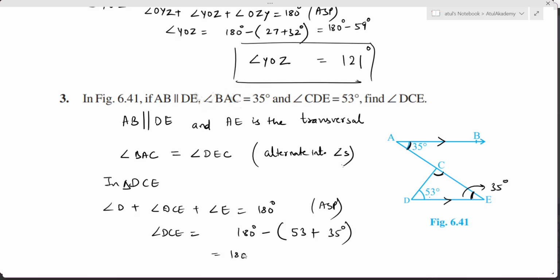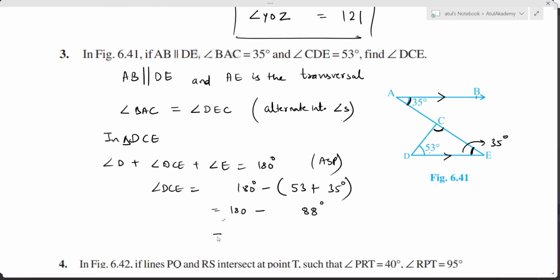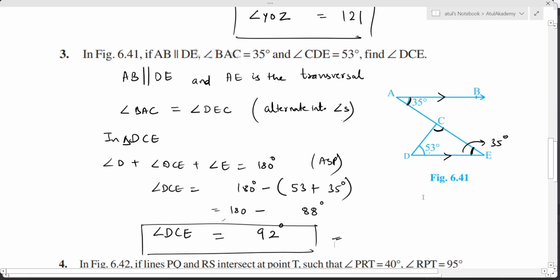So how much is that? When we add, it's 8 and 8, 88 degrees. When I subtract, 10 minus 8 is 2 and 17 minus 8 is 9. So 92 degrees is the answer, and we got DCE. I hope that's clear. Clear, students? Any doubt till here? Please practice them with proper steps.